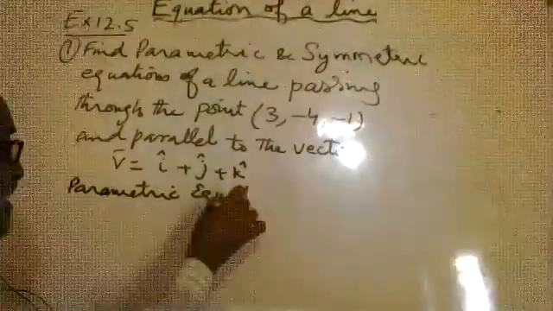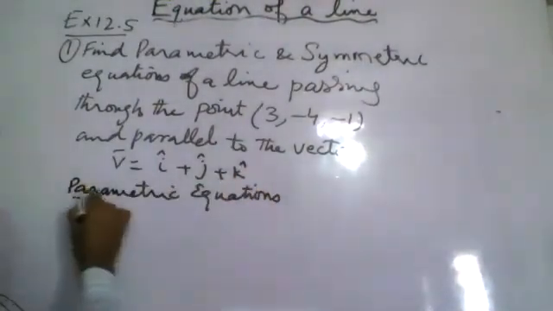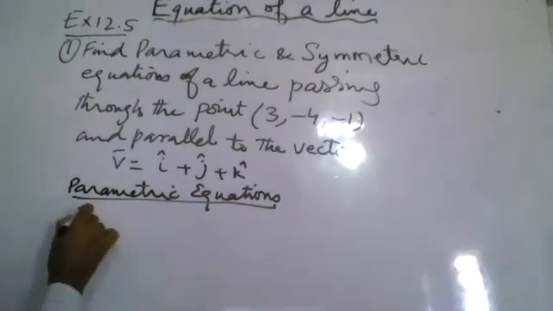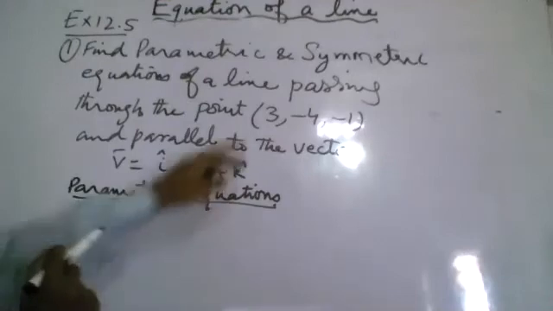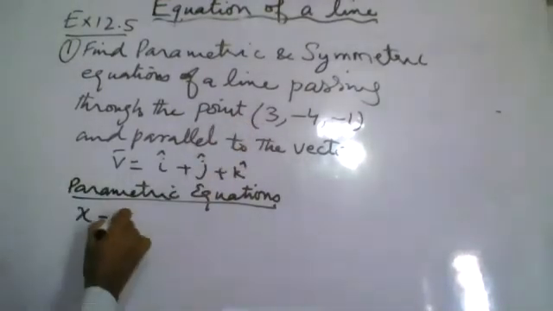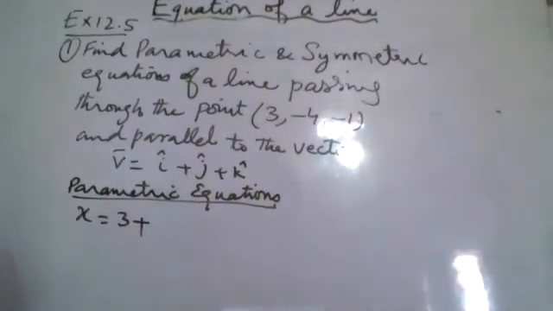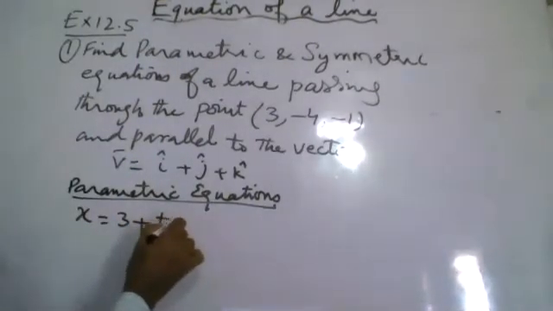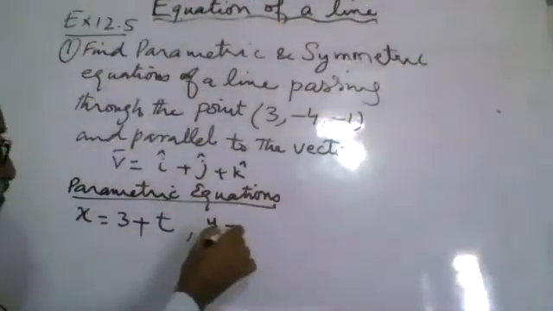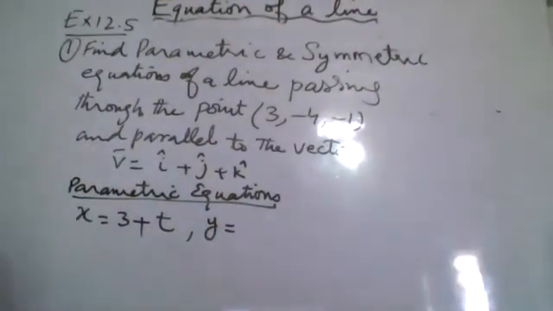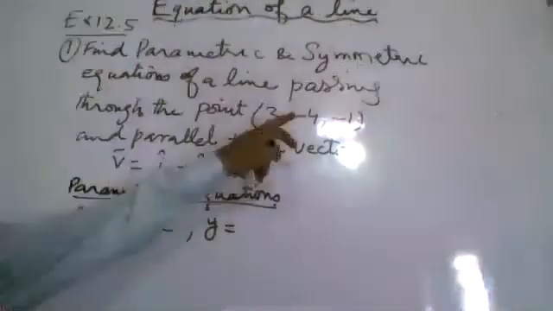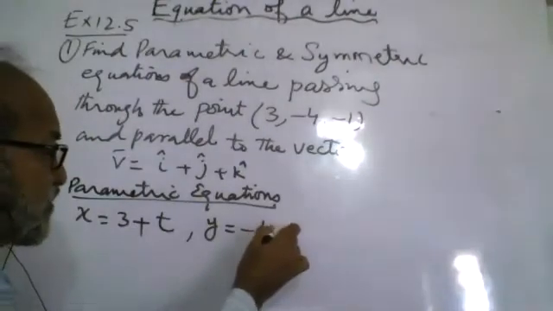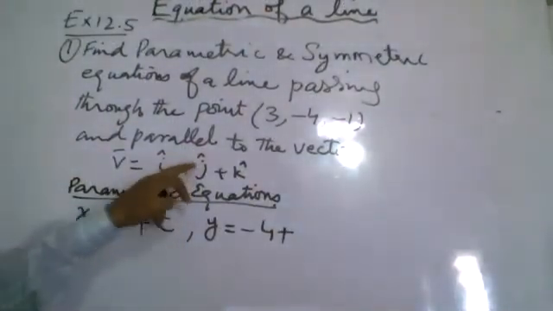There will be three equations for x, y, and z. x will be equal to x1, 3, plus At. A is 1, so 1 times t will be t. In the same way, y will be equal to y1 plus Bt. y1 is -4 plus B is 1, 1 times t will be t.